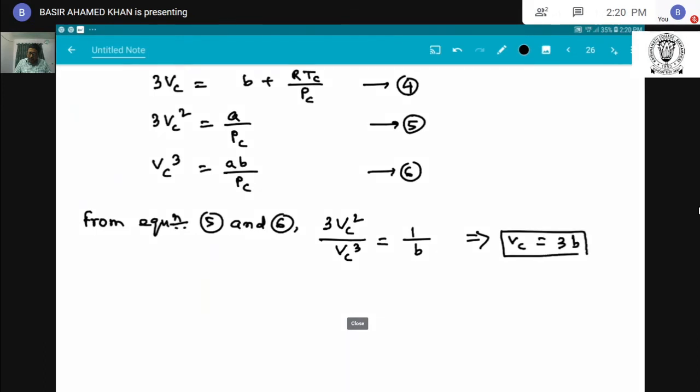This is another equation, equation 7. Now putting equation 7 in equation 6, we get (3b)^3 equal to ab by pc.